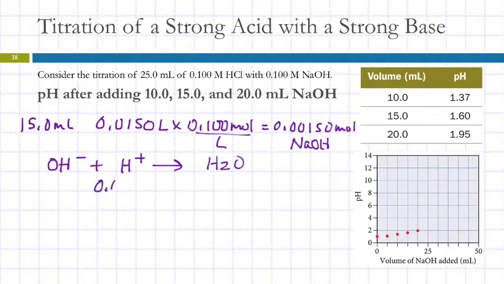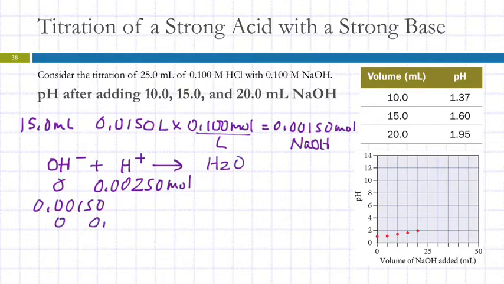So before we added anything, we had 0.0025 moles of hydrogen ion, and none of this. And now we're adding 0.00150 moles. And so then we're going to end up with none of this and 0.00100 moles of the hydrogen ion.